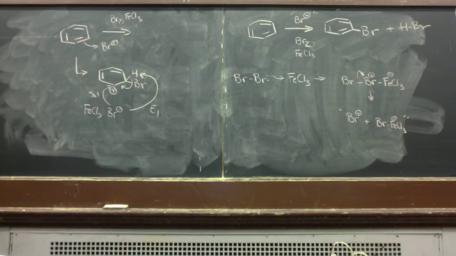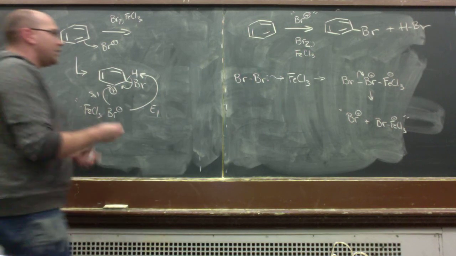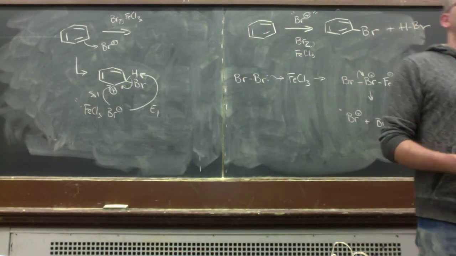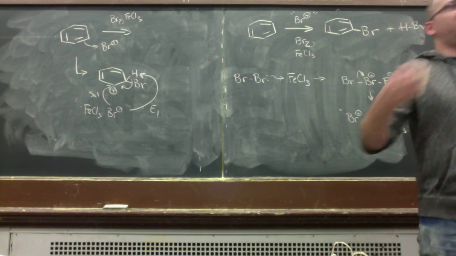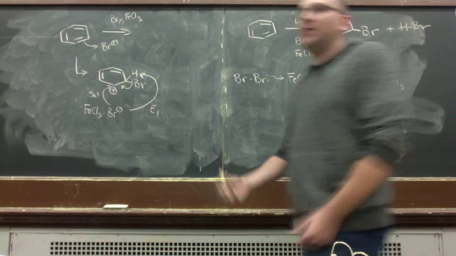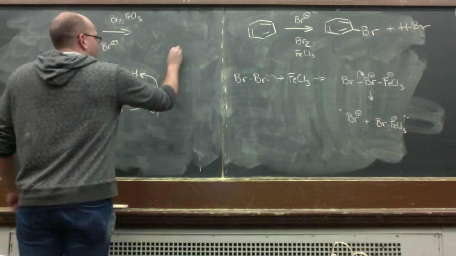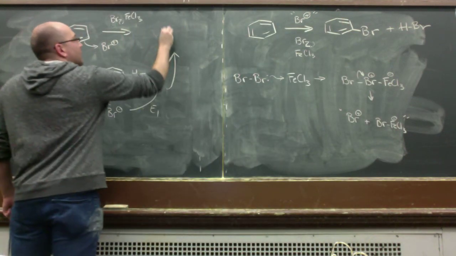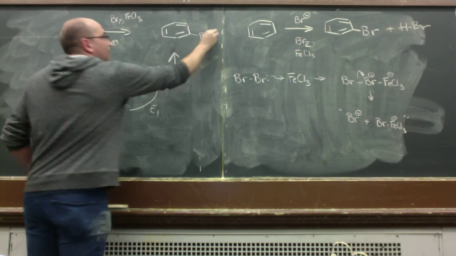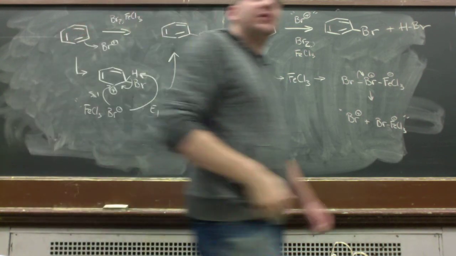And of those two options, the E1 is going to be favored, right? And why do you guys think that would be? Because aromatic groups are really, really good, and if you can regenerate the aromatic group, it will happen, right? So it's going to go the E1 pathway, and what you're going to get is this bromide, okay?